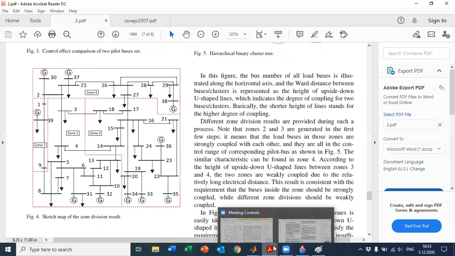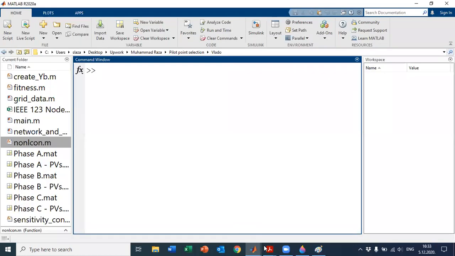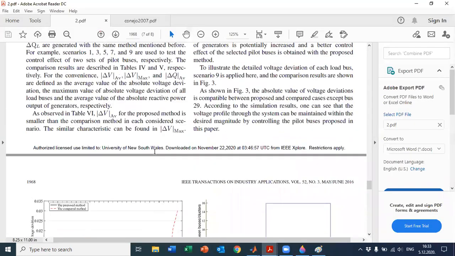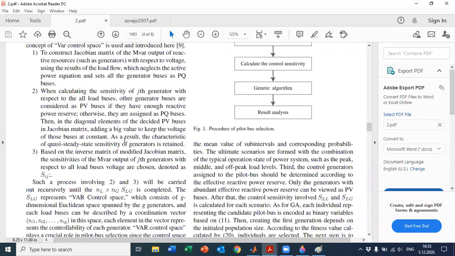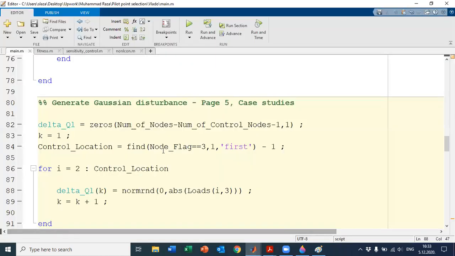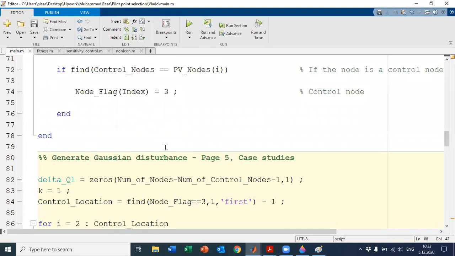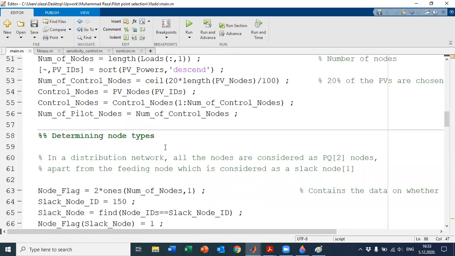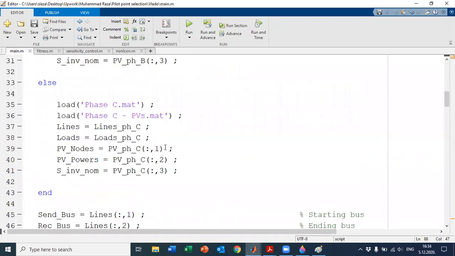And in the paper, if you take a look at these equations here, you will see that the number of the pilot nodes has to be equal to the number of the control nodes. So basically, I've selected 10 pilot nodes and I selected 10 control nodes prior to that. The 10 control nodes are the nodes which have the biggest reserve of reactive power.